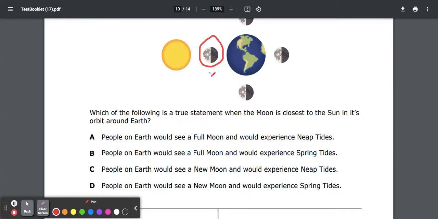It's closest to the sun in its orbit around Earth. It says people on Earth would see a full moon. Well, that's not true. So I know it would be a new moon. And now I need to know what kind of tides occur at a new or full moon. I know that is a spring tide. So it would be D.